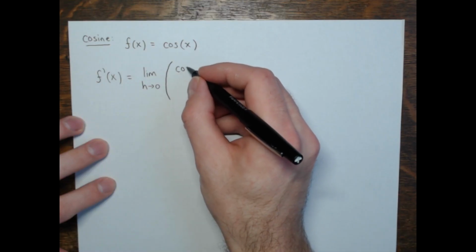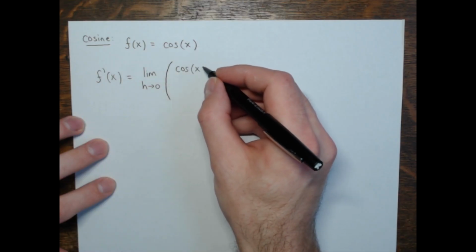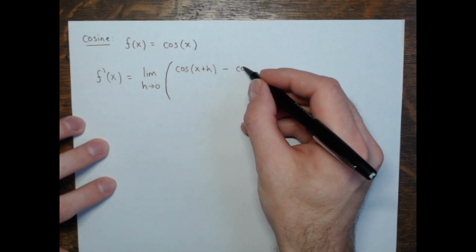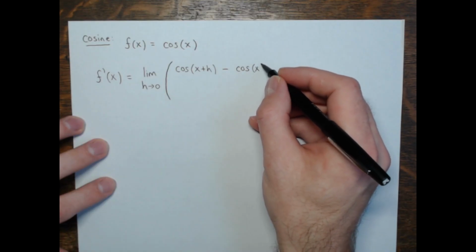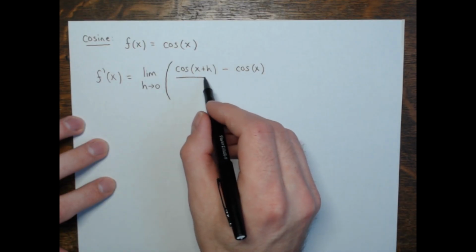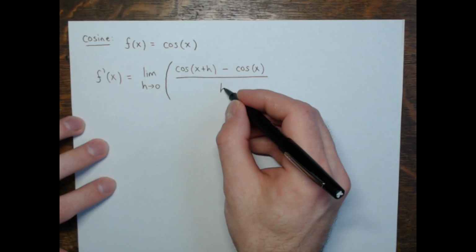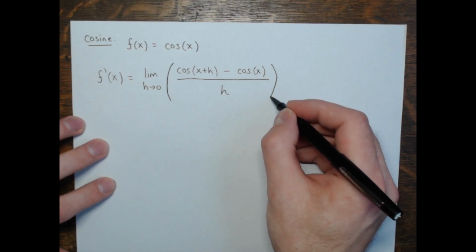So the rise would be the cosine at x plus h minus the cosine at x, and then all that divided by the run, x plus h minus x, or just the h again.